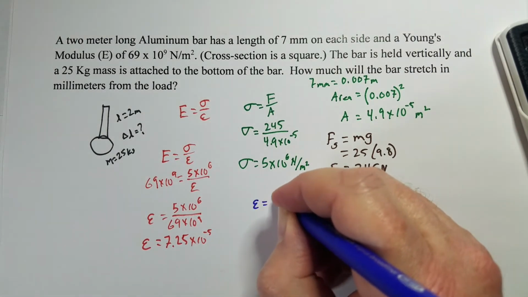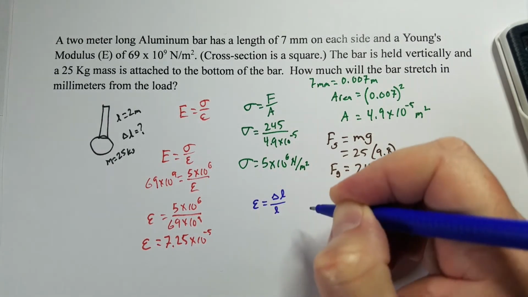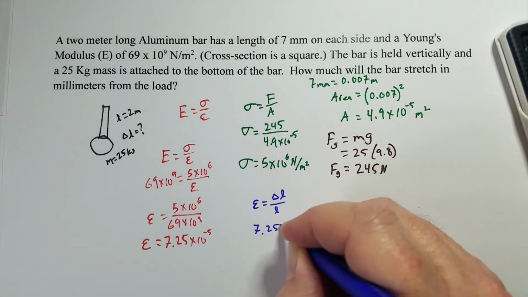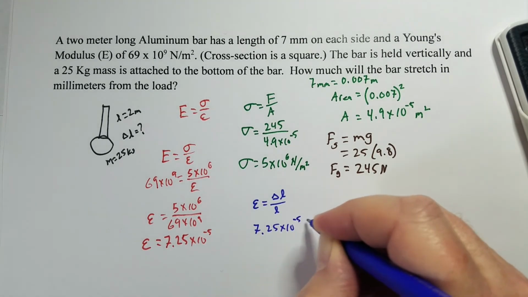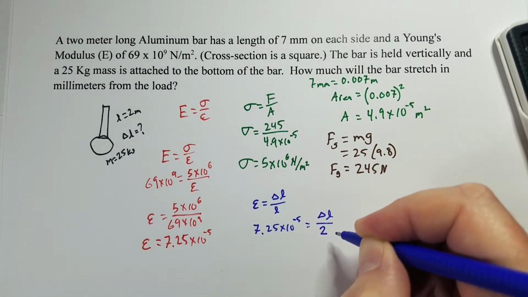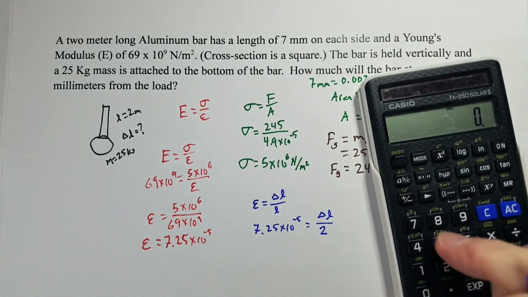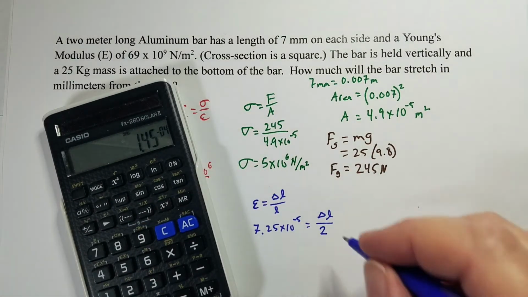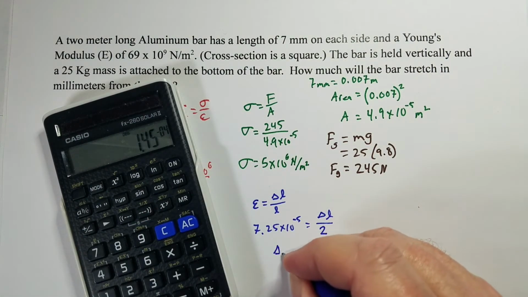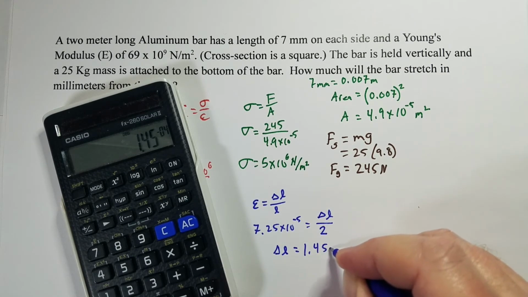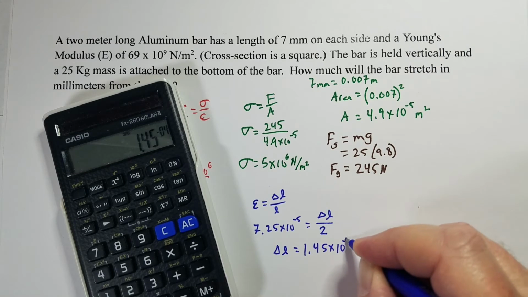Now we can find how much it's stretched. So that's 7.25 times 10 to the minus 5. Delta L we don't know, but the original length was 2 again. So 7.25 times 10 to the minus 5 times 2 gives us a change in length of 1.45 times 10 to the minus 4.